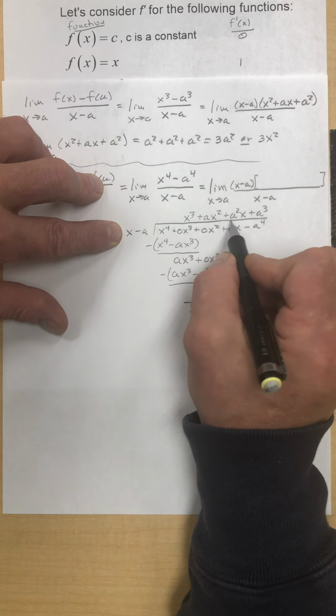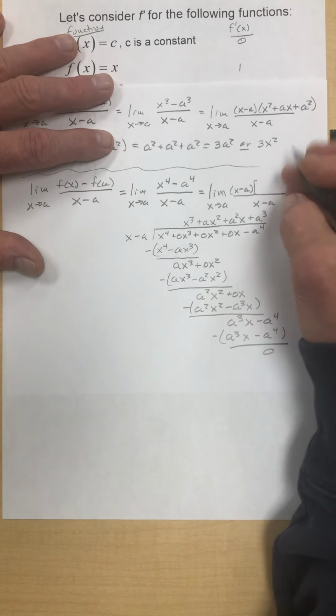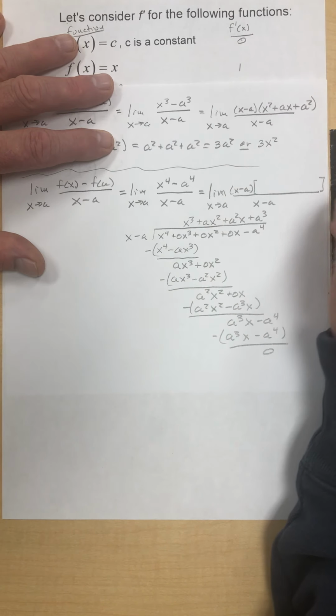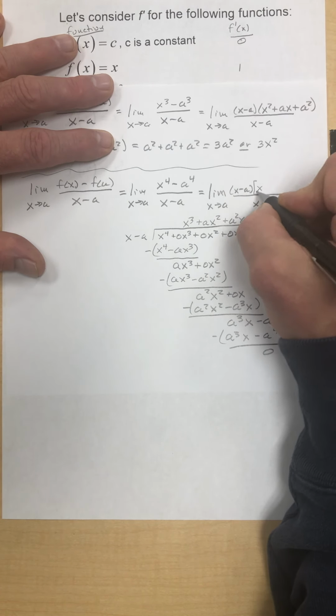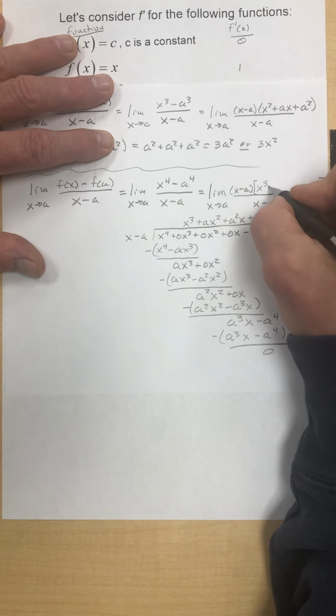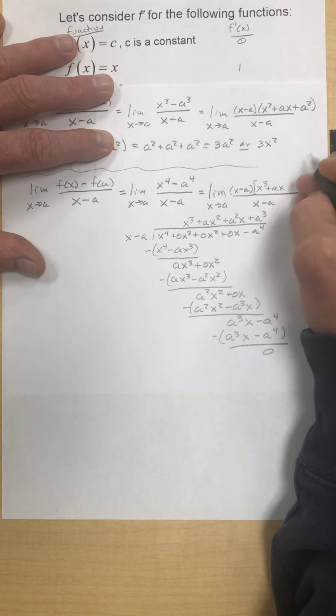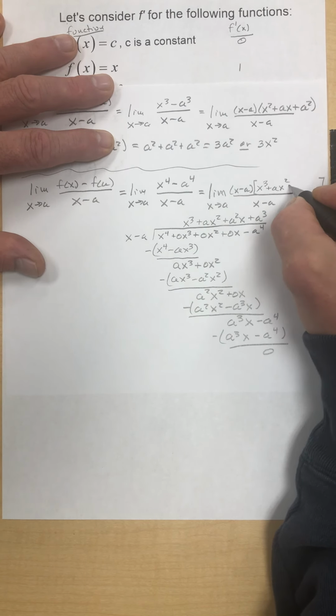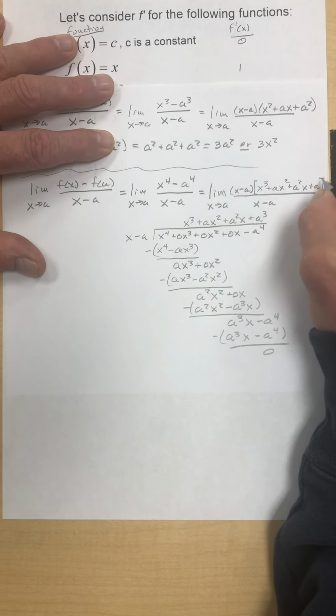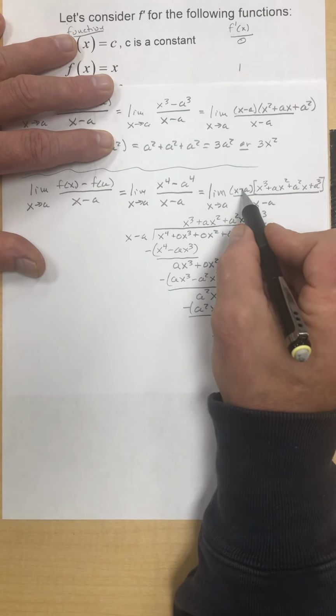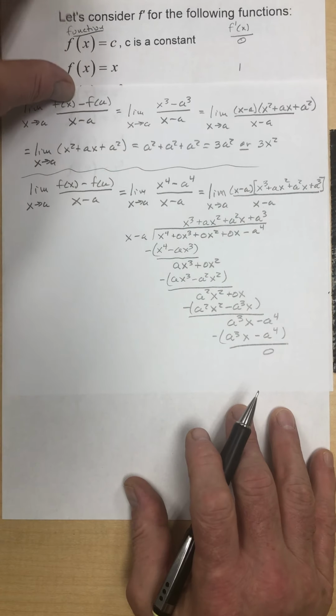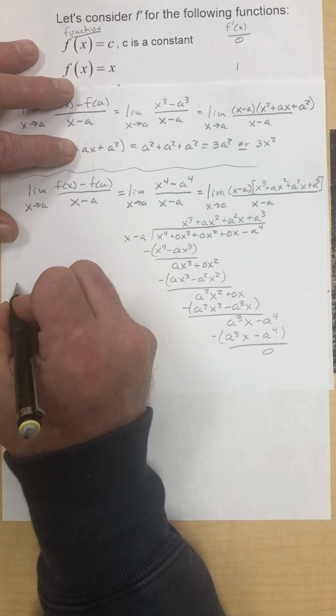Okay, so here we go right here. Okay, so let's see. When I factor out an x minus a, I'm going to be left with x cubed plus ax squared plus a squared x plus a cubed. Okay, so this guy cancels, that guy cancels. And let's see what we're left with.